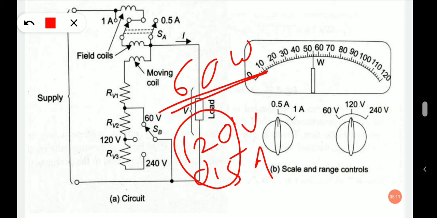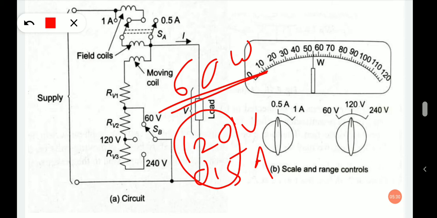Hence, the moving coil carries a constant current which is in proportion to the supply voltage. As a result, the instrument deflection becomes proportional to the load current and calibration of scale can be done linearly.